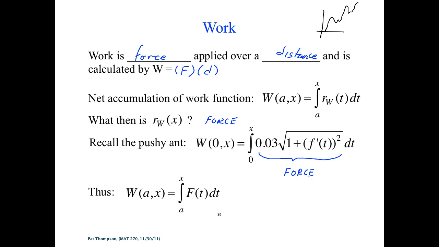So that 0.03 that the ant was pushing, along with the direction at any given moment, gave us the force with respect to x, so that we could accumulate just horizontally, but get the right work for the ant.